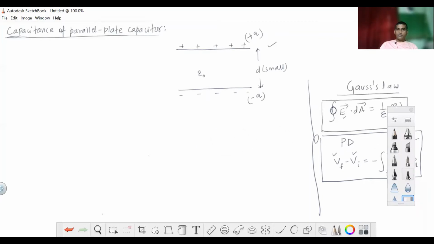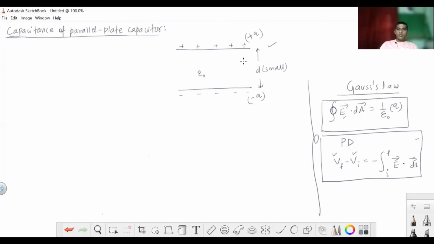Now what happens if the distance between the plates is large? Suppose we have two plates containing equal amounts of positive and negative charge, and if the distance is large, then electric field lines at the edge fringe out.